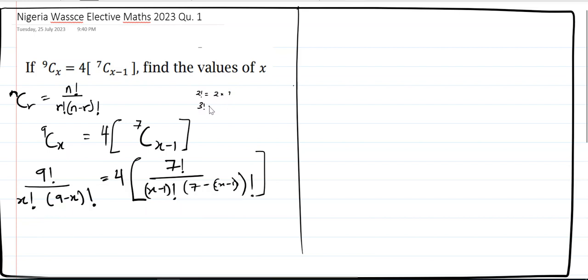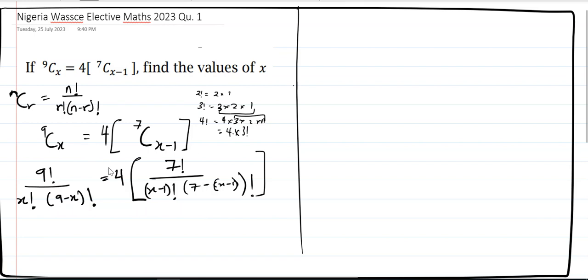If you have 3 factorial, it's 3 times 2 times 1. If you have 4 factorial, it is what? 4 times 3 times 2 times 1. I can also write 4 factorial as 4 times 3 factorial, because 3 factorial is this, right? So I can substitute this for this one. And that's what I'm talking about, right?